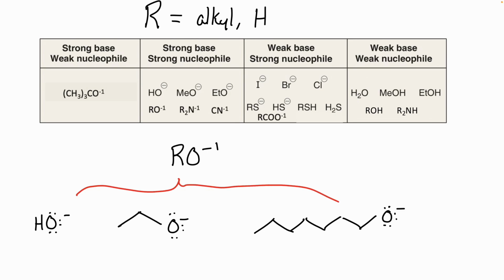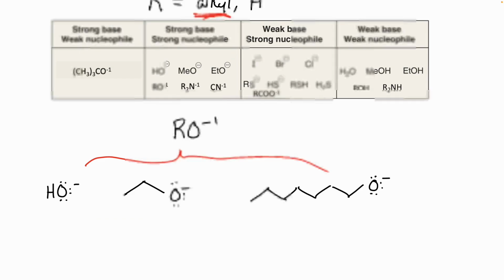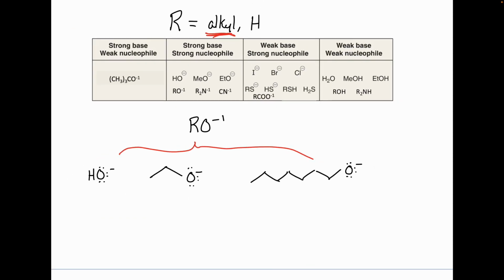R is kind of like a variable, meaning any number of carbons and hydrogens, any size alkyl group. Okay, so before we move on here, let's take a look at this one, RSH. Give me an example of a molecule that fits that formula there, RSH.